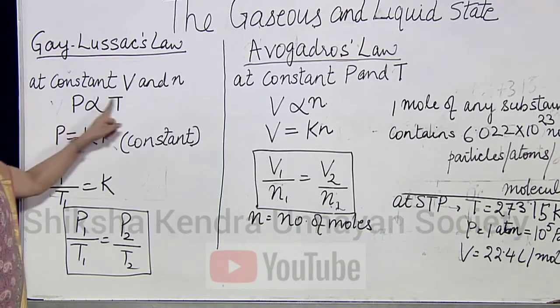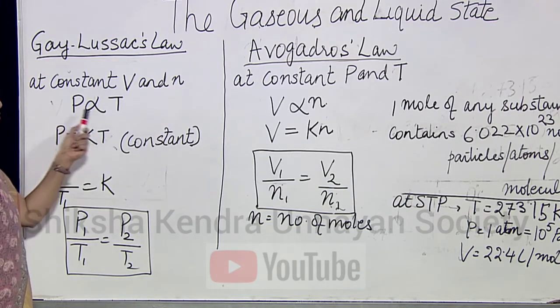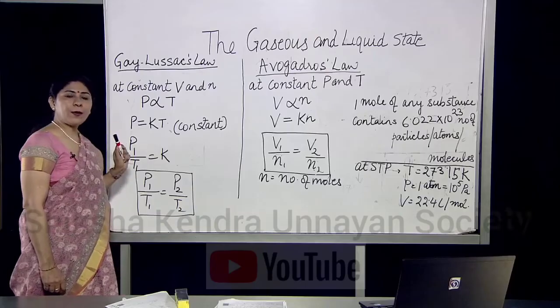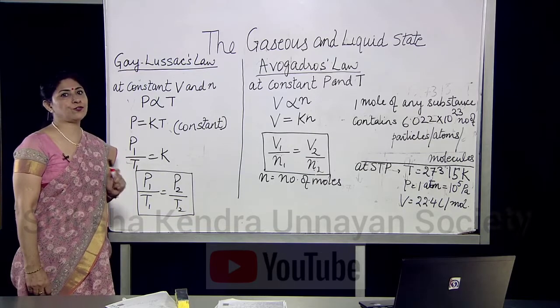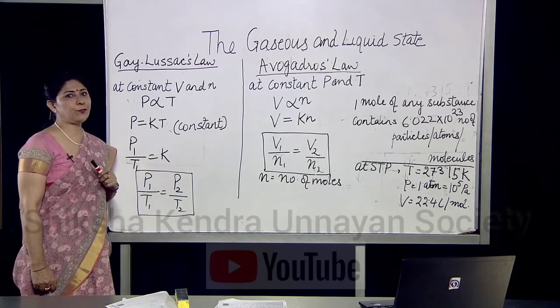So, by keeping volume and number of moles constant, we have a relation between pressure and temperature. We can say pressure is directly proportional to temperature, or in other words, temperature is directly proportional to pressure.